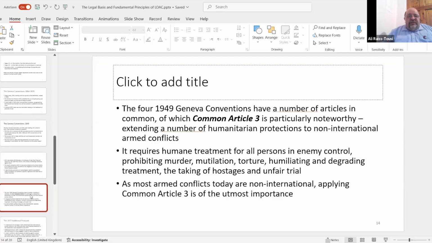So protections that exist when countries A and B or A, B, C, D, etc., are fighting each other. It extends those to circumstances where a government is fighting a group of its own population. They might be separatists based on ethnicity.